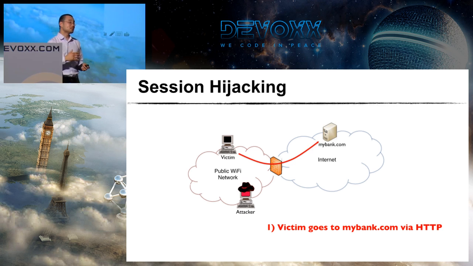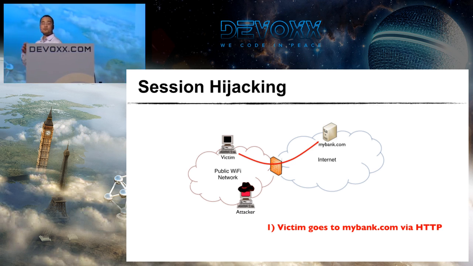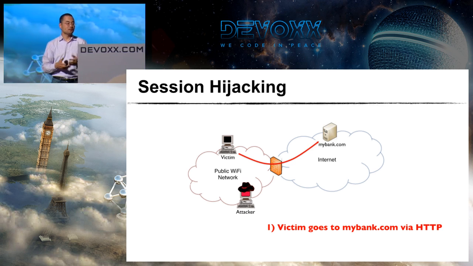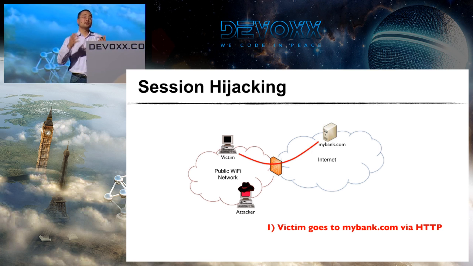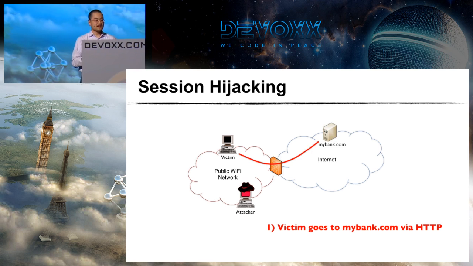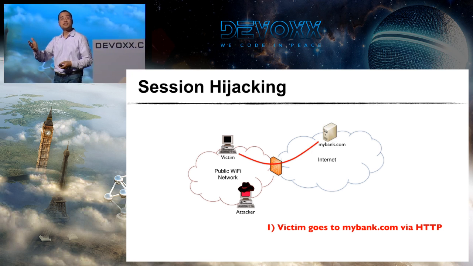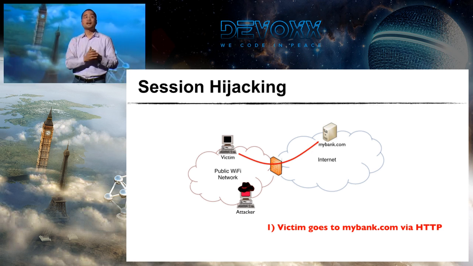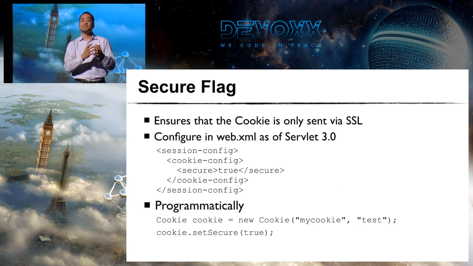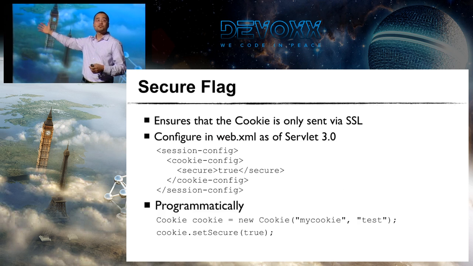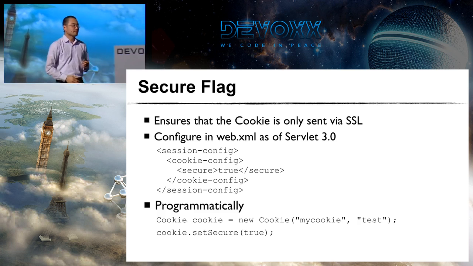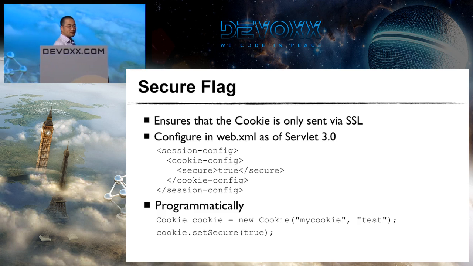Unbeknownst to you, there's actually some attacker, as represented by the red computer with the little black hat on it, on that local wireless network as well. What is this attacker going to do? If the connection is not encrypted, the attacker is going to sniff that connection and potentially steal your JSession ID to conduct a session hijacking attack, by stealing your session ID and replaying it to the server to log in as you, right? Which he does here in step number 3.